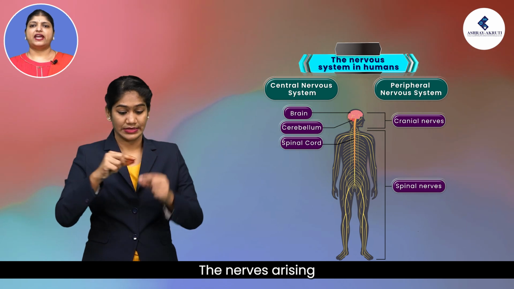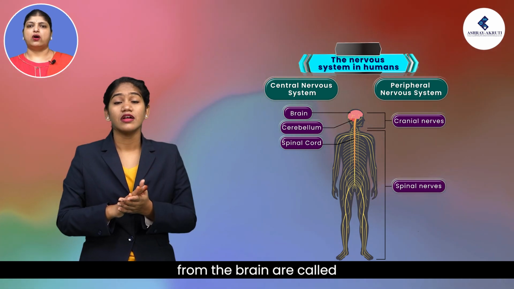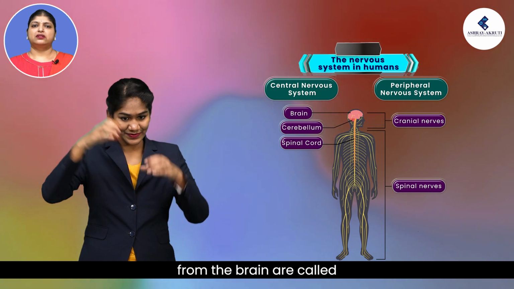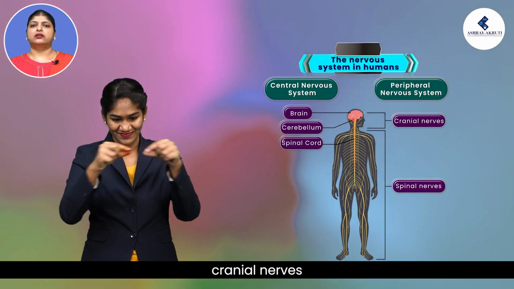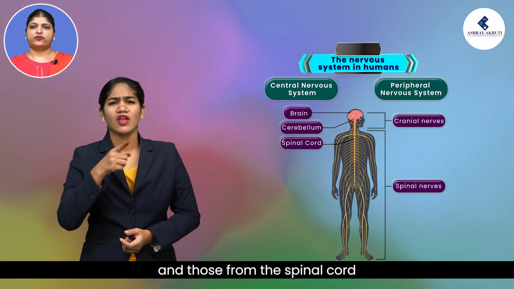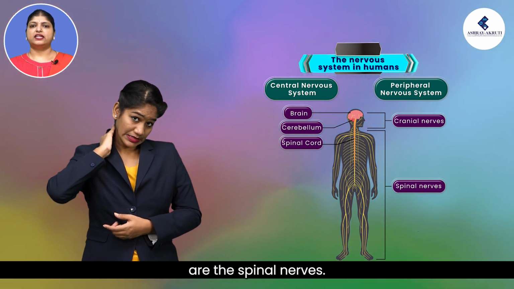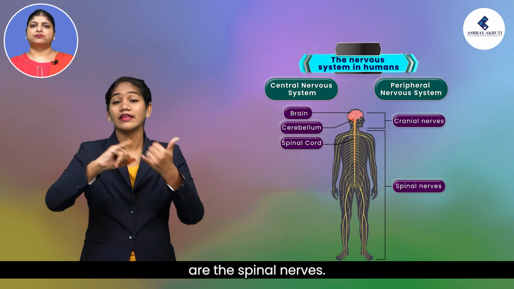The nerves arising from the brain are called cranial nerves, and those from the spinal cord are the spinal nerves.